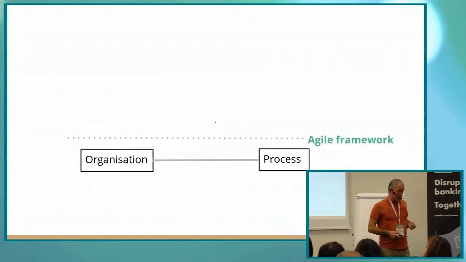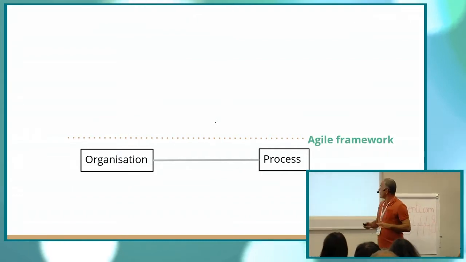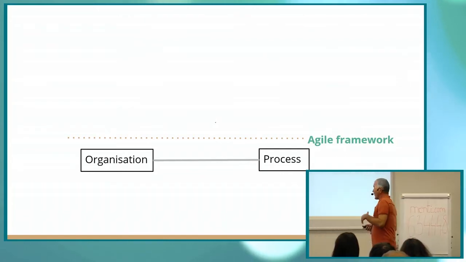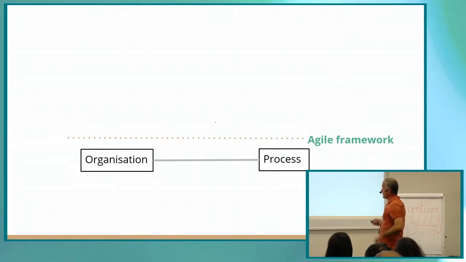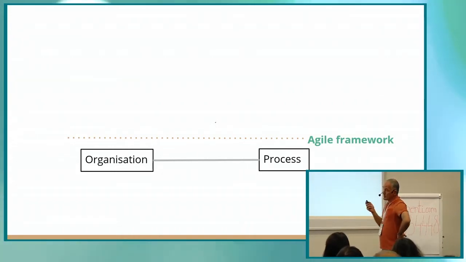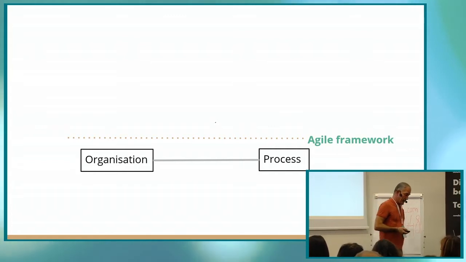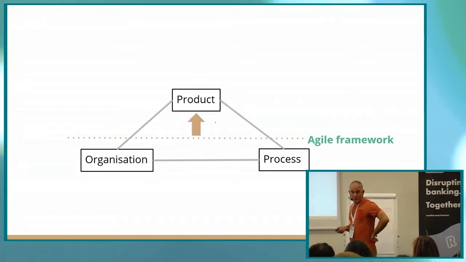Now, if we take organization and processes together, then we get what is covered by agile frameworks. Frameworks are all about having best practices, having good roles that can work together in your organization, having processes that all work in order to create a product.